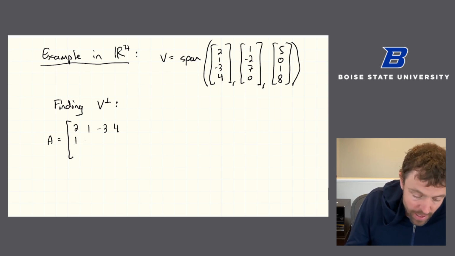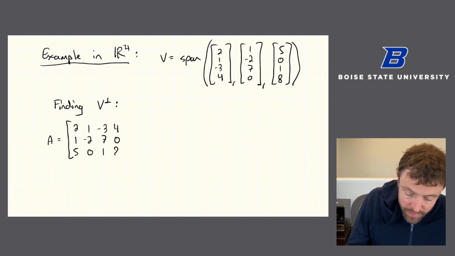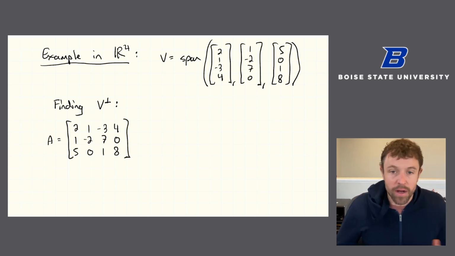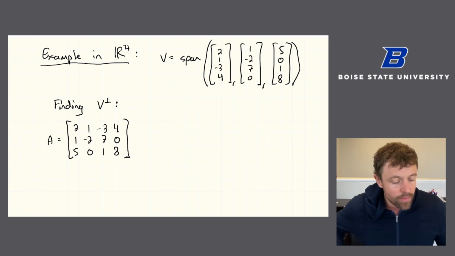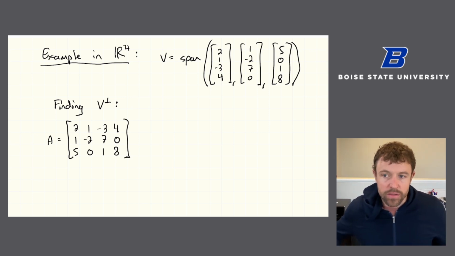And for this example, I am not going to walk through the process of solving the corresponding homogeneous system. I'll let you do that on your own if you want. So remember, when we're solving corresponding homogeneous systems, the zeros don't get changed.